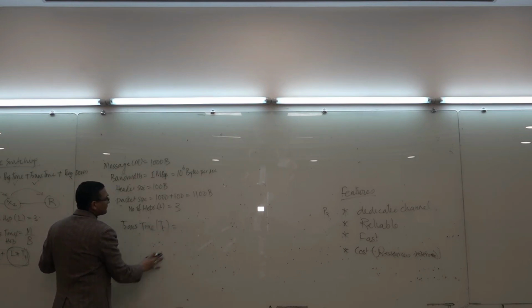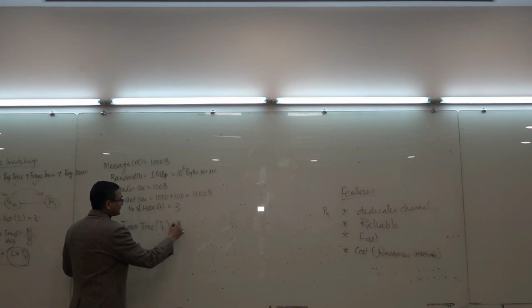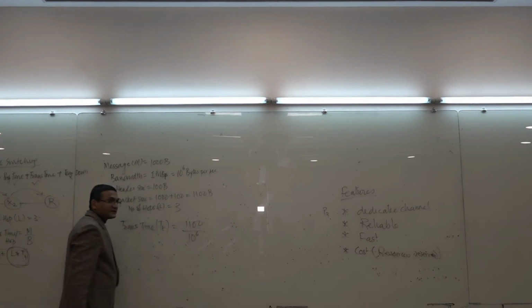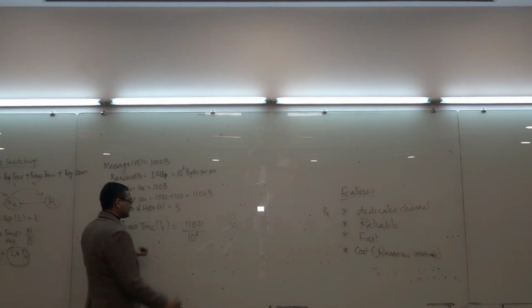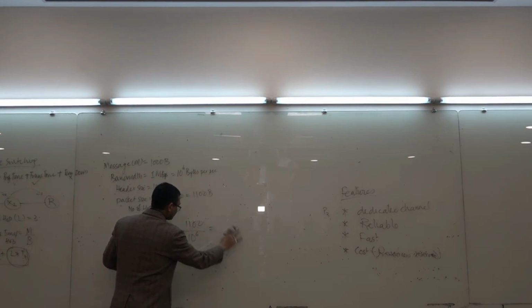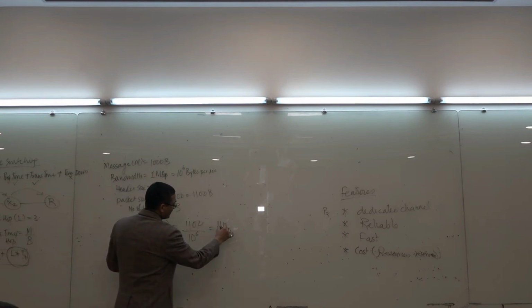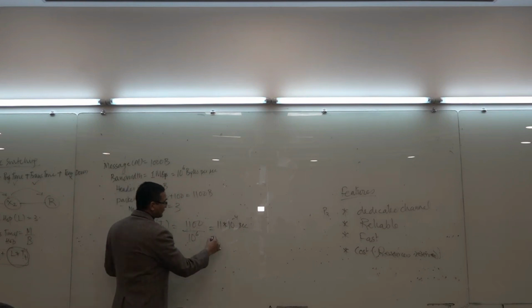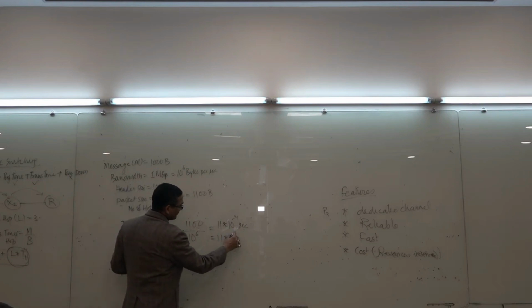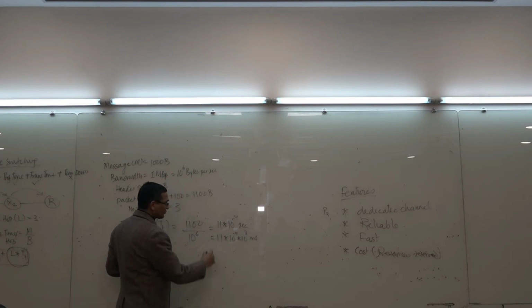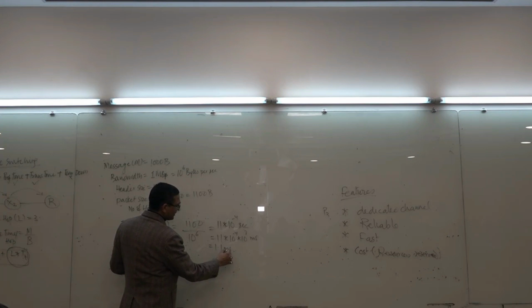It is equal to how much? So this will be 11 into 10 to the power minus 4 seconds, right? Or I can say 11 into 10 to the power minus 4 into 10 to the power 3 milliseconds. Is it okay? So I can say this is 1.1 millisecond.